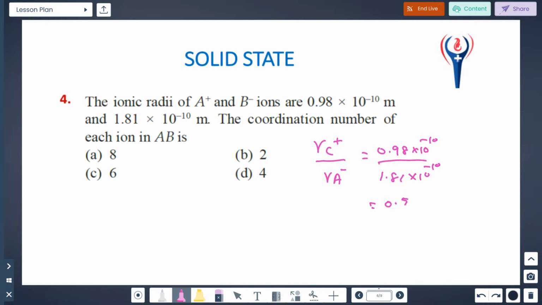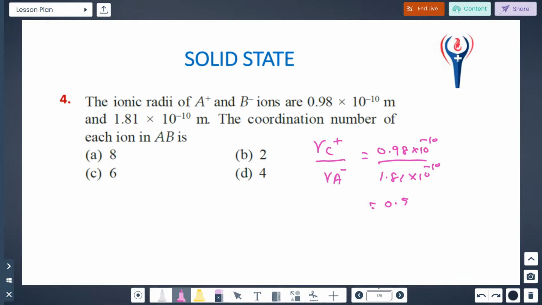But what is the question? The coordination number of each ion in AB. So here it is octahedral. Suppose here we have the range based upon 0.12, 0.22, 0.42, 0.72, 1. Based on this ratio we can predict what kind of atoms, what kind of molecules are there, what kind of shape we can predict.